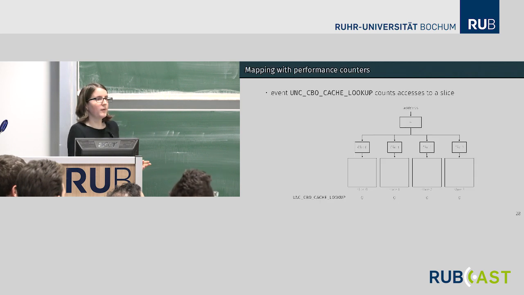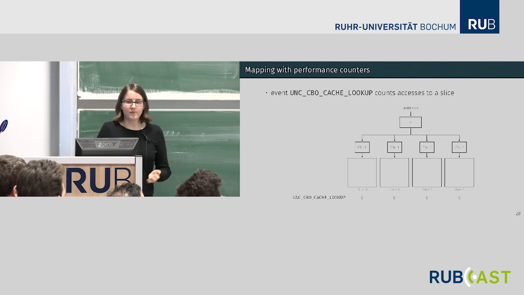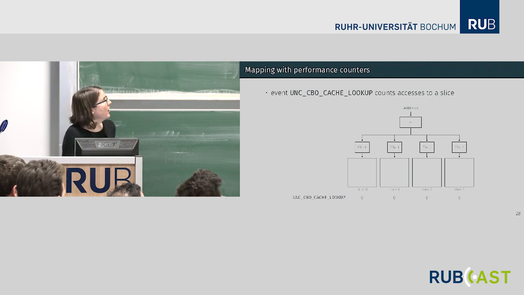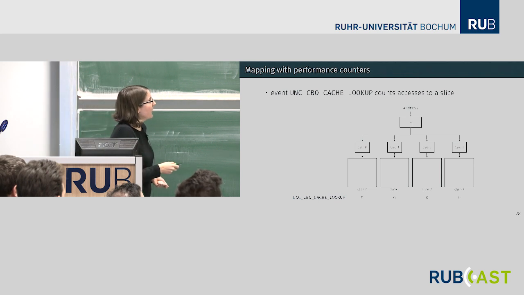So how do we map physical addresses to slices using the performance counters? We have different units that can monitor different events, as I've been telling you about. And we have C-Boxes. We have one C-Box per slice.